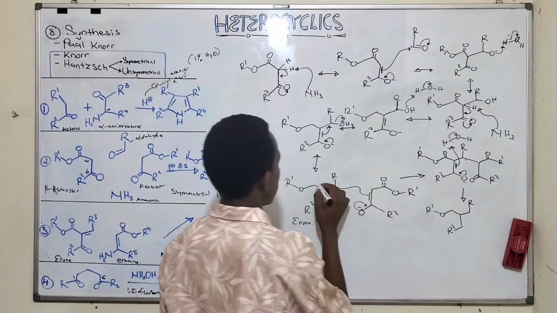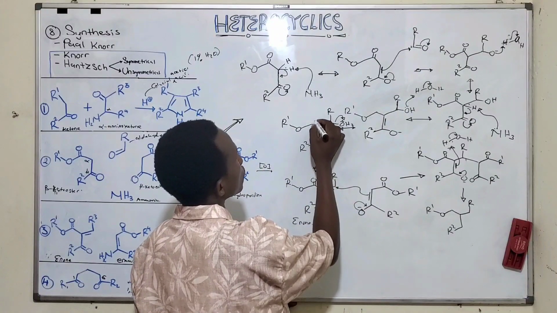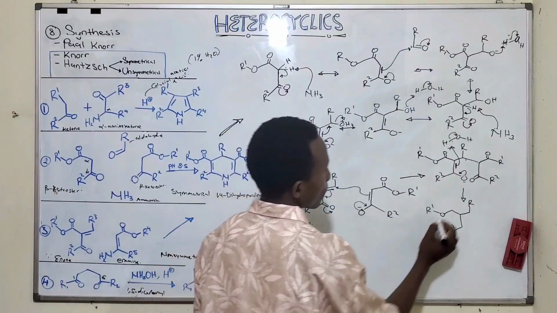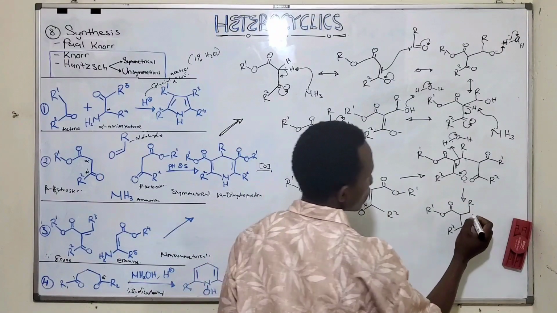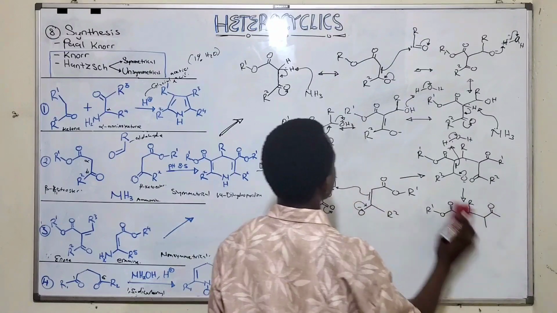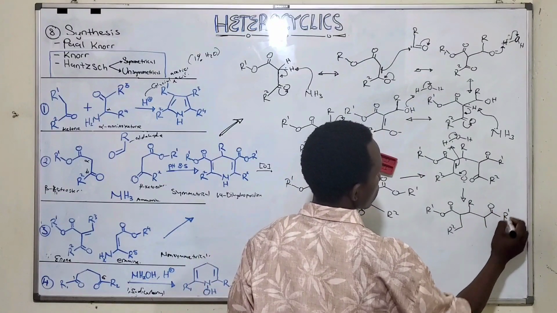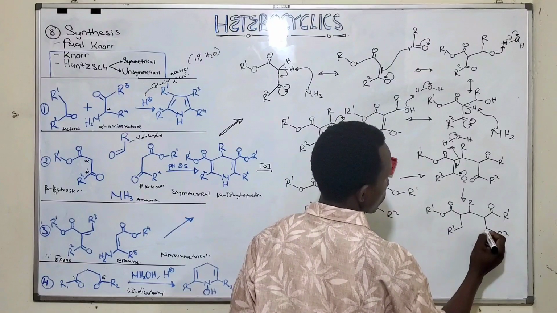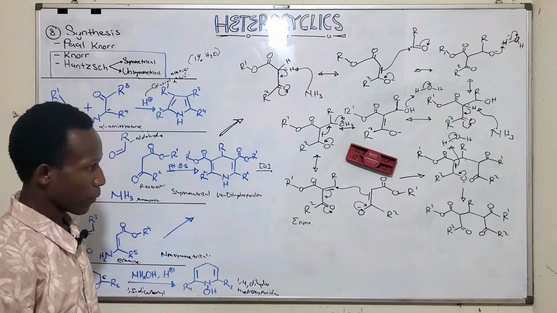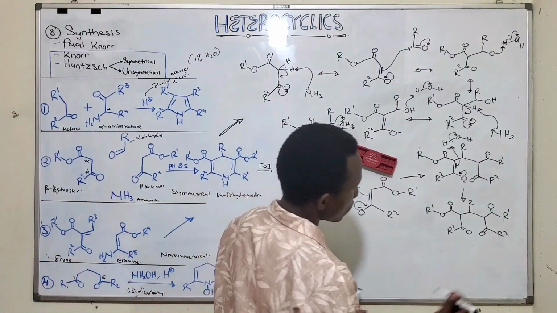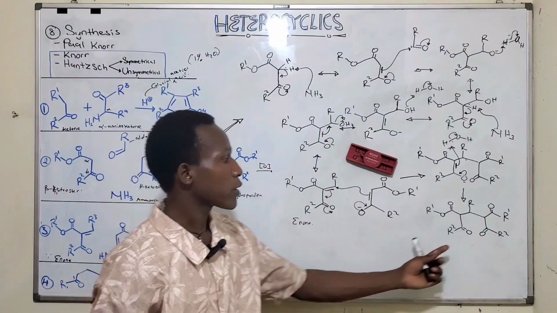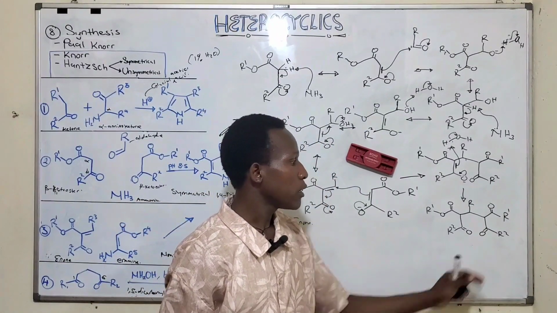Here we have keto group, don't forget here. So R2, oxygen and oxygen. I think this is position 1, 2, 3, 4, 5. We have keto group at position 1 and 5.